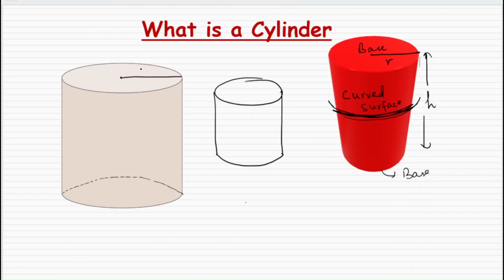This is the radius, and this is the height of the cylinder. Basically, height goes from the center of the top to the center of the bottom. So a cylinder is a 3D shape with two circular bases and one curved surface that wraps around it, and there are two parts we measure: the radius and the height.